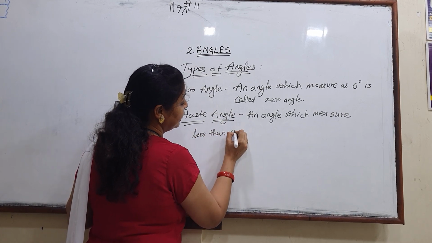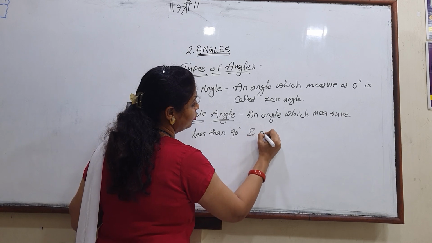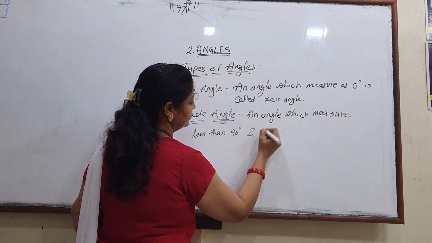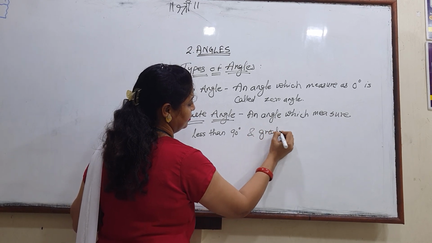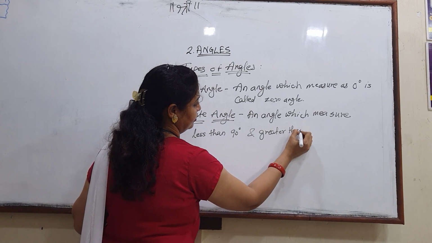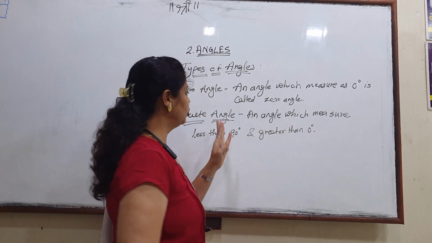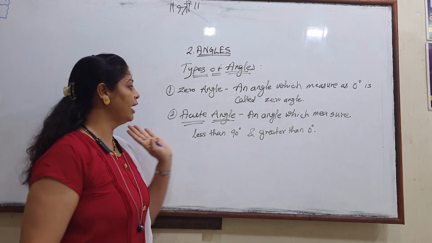Less than 90 degree, okay, and greater than 0 degree. Okay. Such an angle is called acute angle.